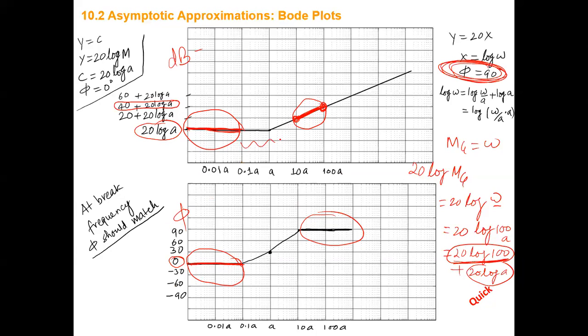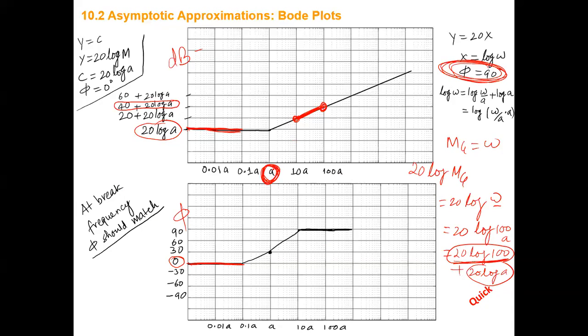How about something in between? Now you have to guess. Now think about what the break frequency is. A, right?